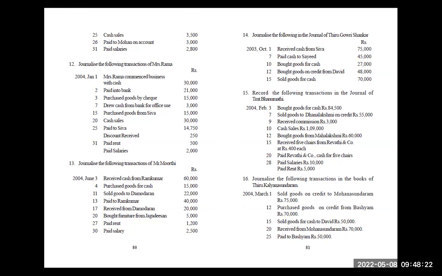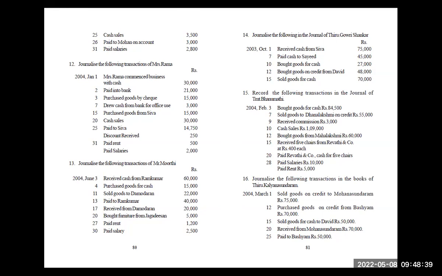Shiva's account debit 15,000, to cash account 14,750, to discount received account 250, being Shiva's account settled.